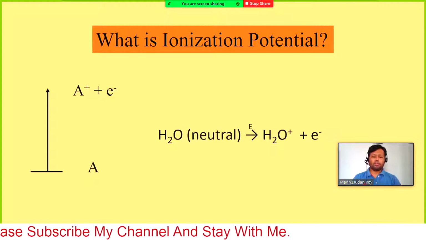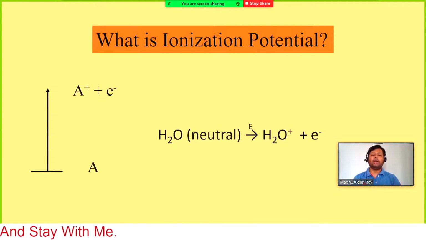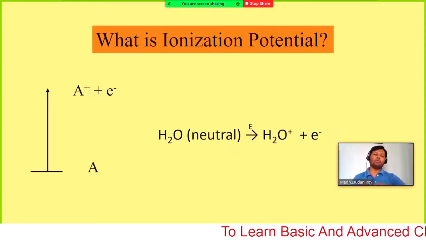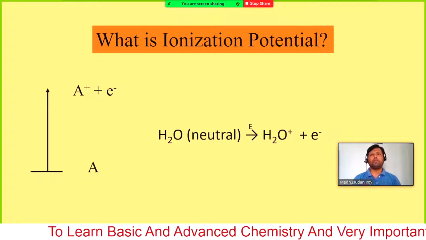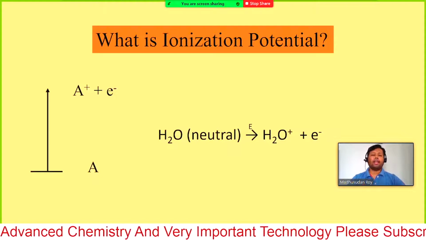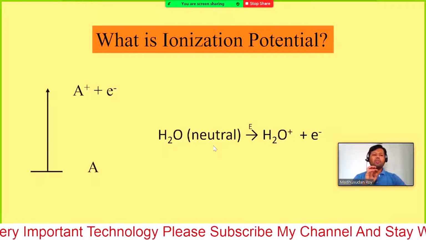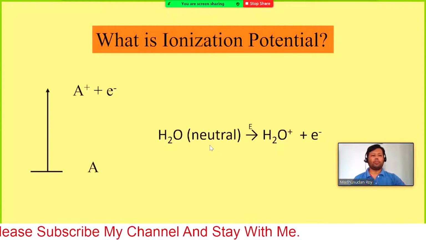If the energy is sufficient to jump from one shell to another, in that case the electron can move from one shell to another shell. So if you can remove one electron from the atom or molecule outside the boundary, maybe normally we consider in the vacuum. So if you have an atom, just try to remove one electron. How much energy you need to remove one electron is known as ionization potential.